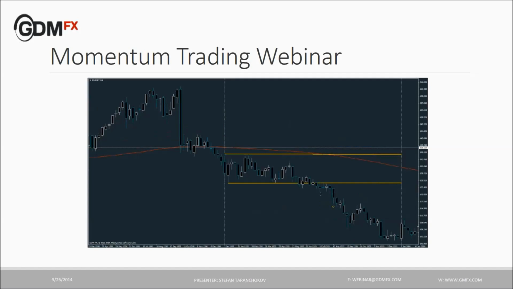Next step, after we have a confirmed breakout, as we can see here, we go into opening a position.